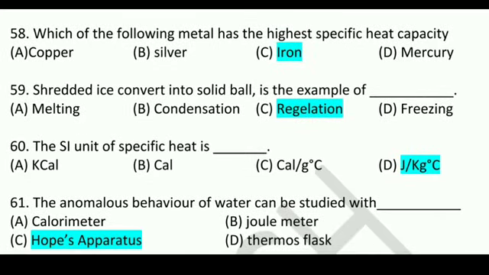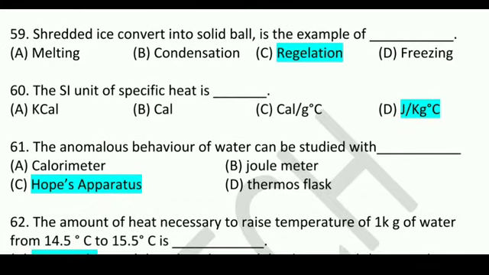Which of the following metals has the highest specific heat capacity? Absolutely right, iron. Iron has the highest specific heat capacity. Shredded ice converting into a solid ball is an example of dash. Regulation.